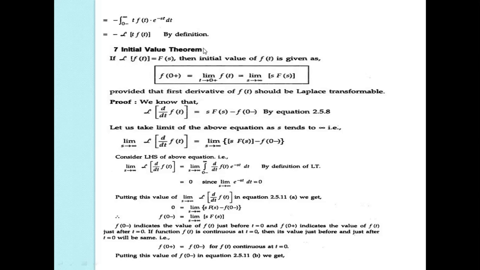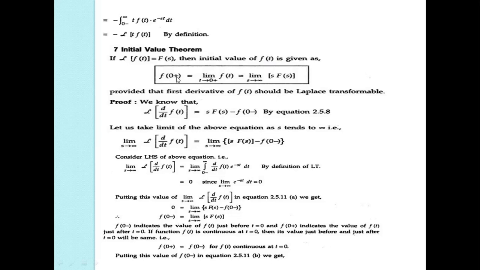So what is the statement saying in the initial value theorem? If the Laplace transformation of f of t is equal to F(s), then the initial value of f of t is given as f of 0 plus. 0 plus is the initial value.